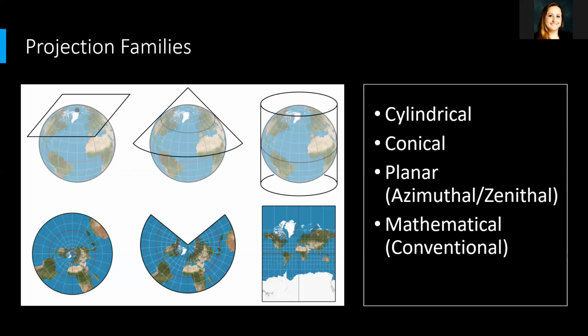However, all maps are the most accurate wherever they touch or intersect with the projection surface. In the image in the slide, the cylindrical projection is the most accurate at the equator. This is where the great circle term that we went over in the previous video was implemented. All of the locations along that great circle are the most accurate, and they become more inaccurate the further they move away from it.